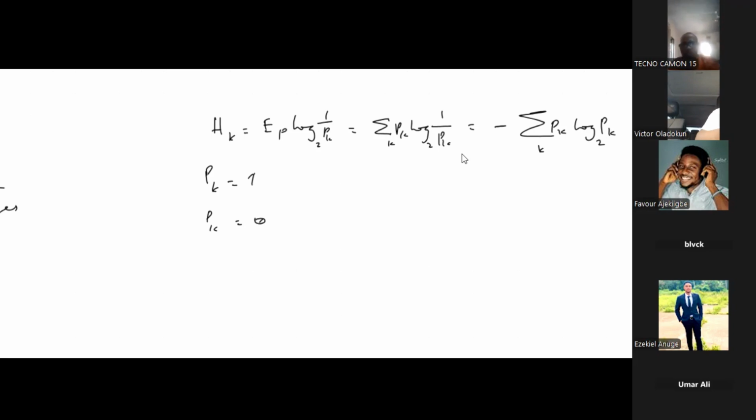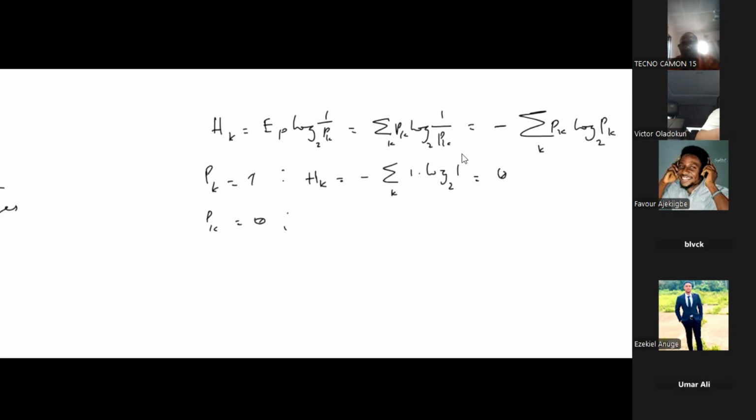Then our entropy H sub k will be negative sigma k, now this is 1 dot log 1 base 2. And log 1, anything, is the same as 0. So this will give us 1 times 0, that's 0.